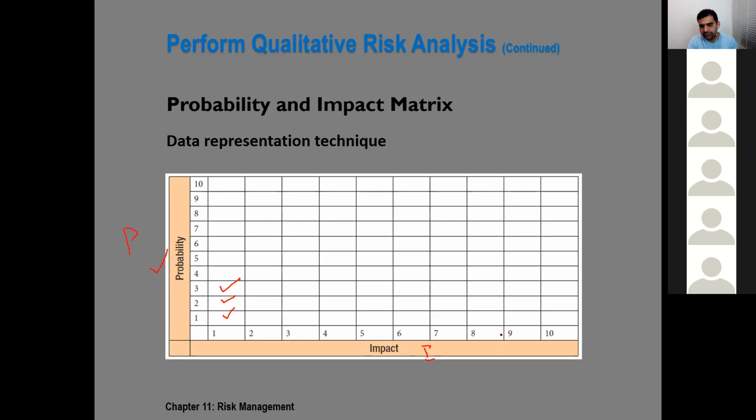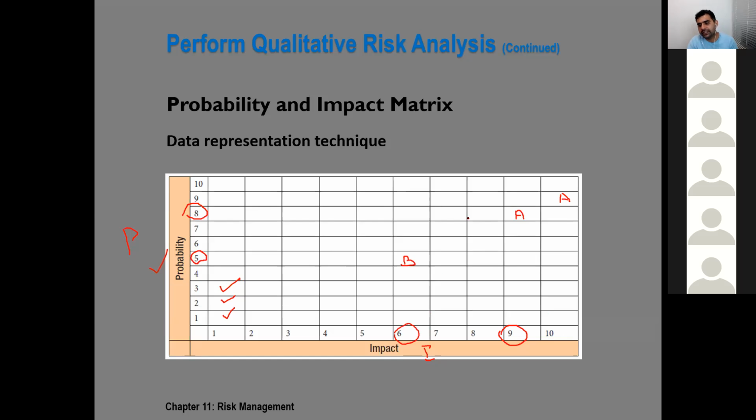For example, if impact is 9 and probability is 8, our grade is A. If probability is 9 and impact is 10, our grade is A. If probability is 5 or 50% and impact is 6, then our grade is B.